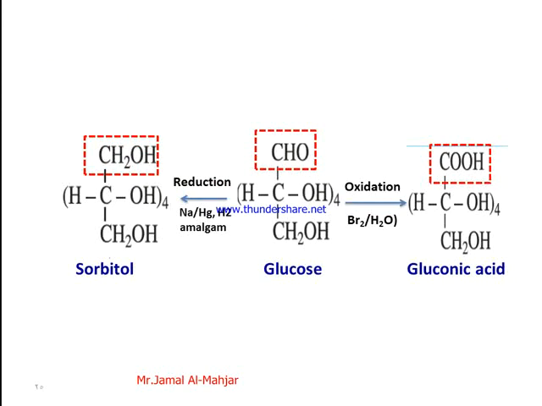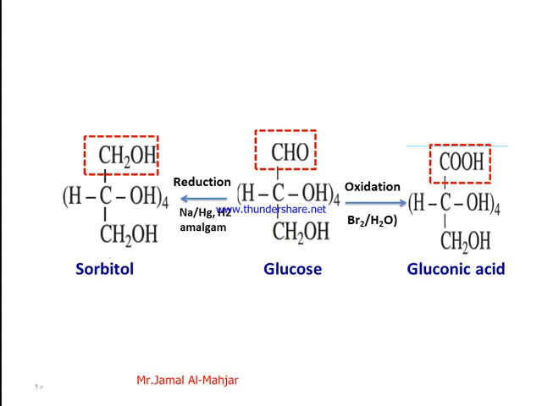We can write them in this structure. Look now, this is glucose. Because I have 4 times CHOH, I can put them like this: CHOH by 4 means this repeats 4 times.